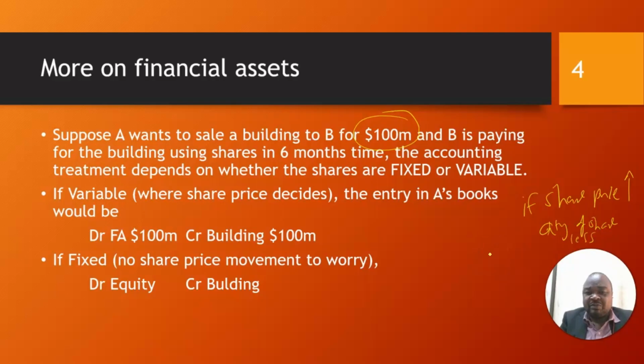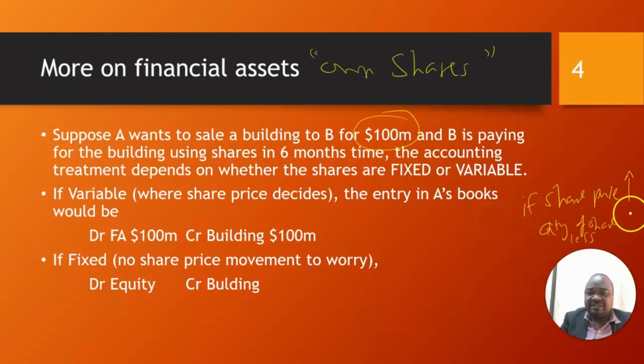This is an own shares situation. B wants to buy the building using our own shares. Maybe he was a shareholder, but he wants to buy the building. He's using our own shares. So in that case, if the share price goes up, the quantity of shares is going to be less.